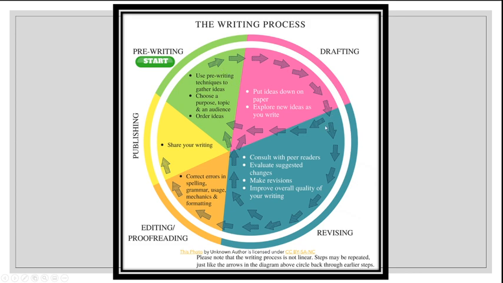You can see here that they go around in circles, and the reason is that sometimes we draft and then want to go back and change our purpose or our topic. Sometimes we're revising and decide we have to go back to the writing, or we're editing and we go back and say, no, we have to change our main ideas. So this is not a linear process. It moves around, okay? You have to be flexible.